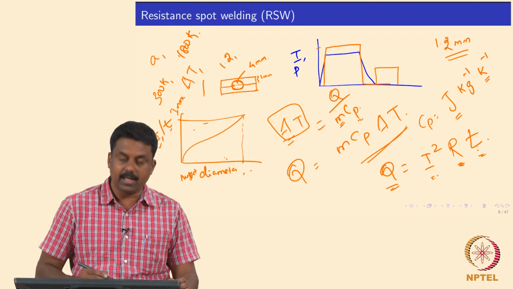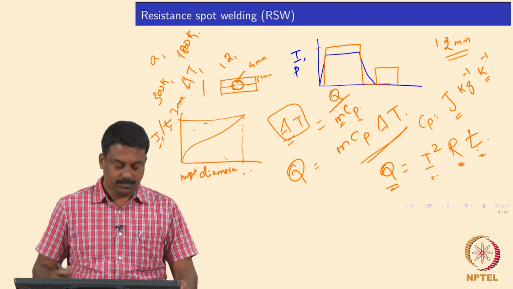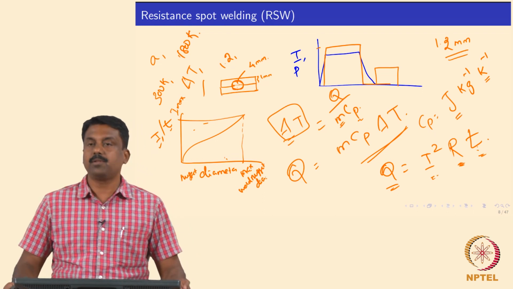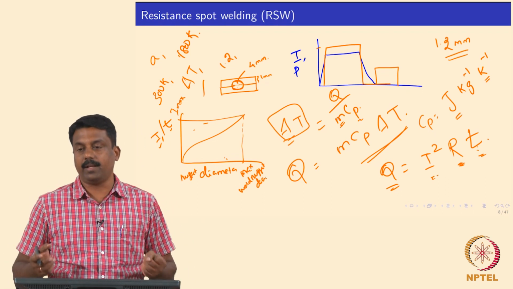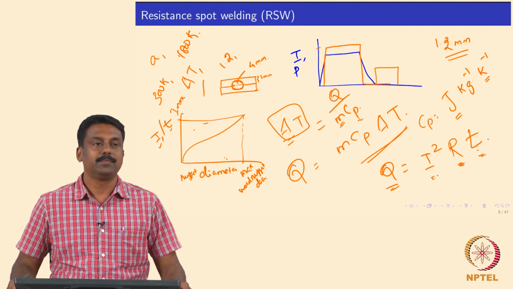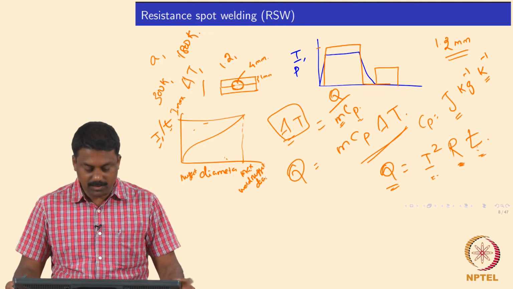And this is the maximum weld nugget diameter that you can form. We will see in detail all these concepts that I explained in today's class. It's clear? Good. We will move on to the slides.